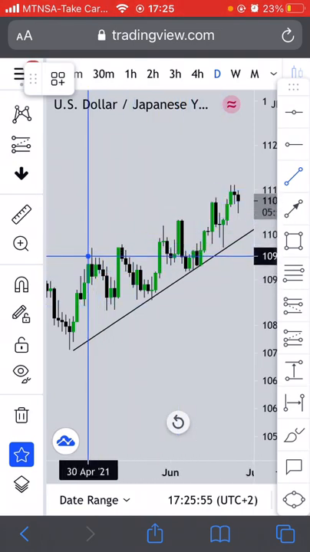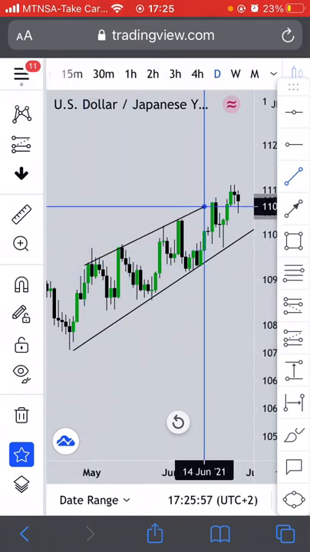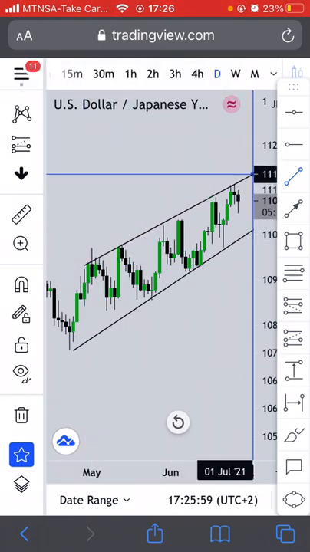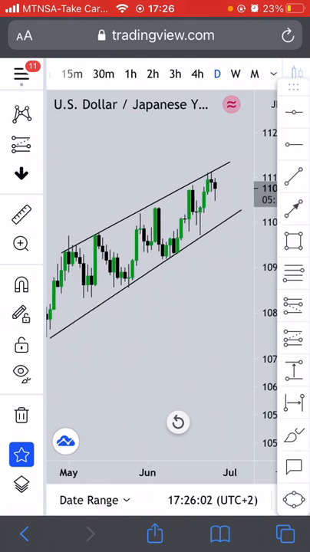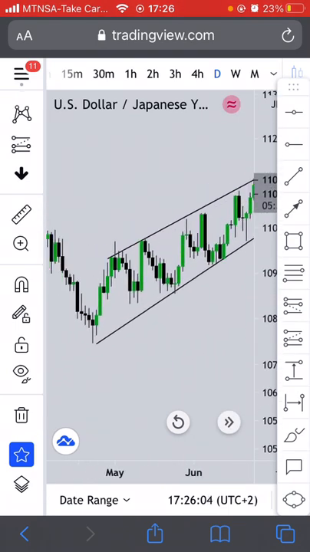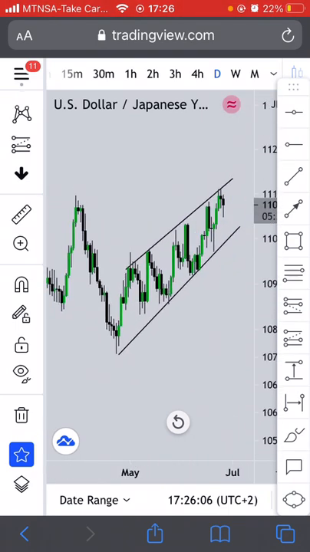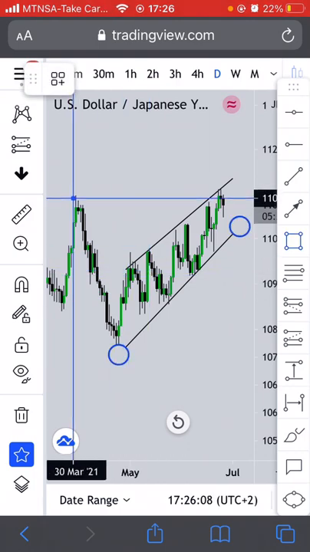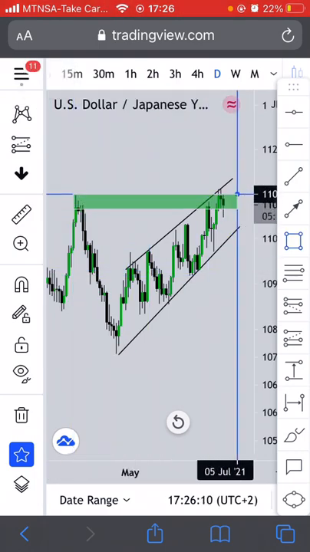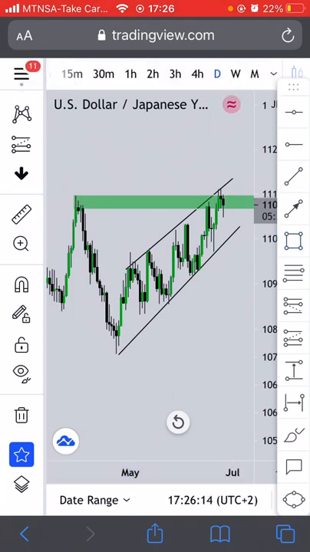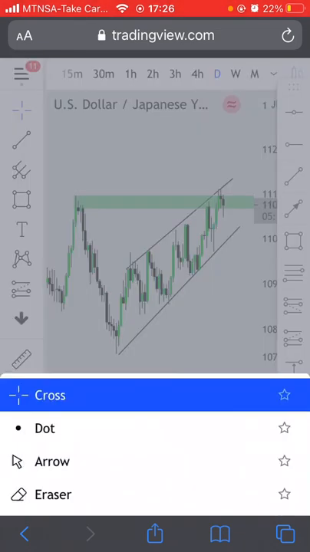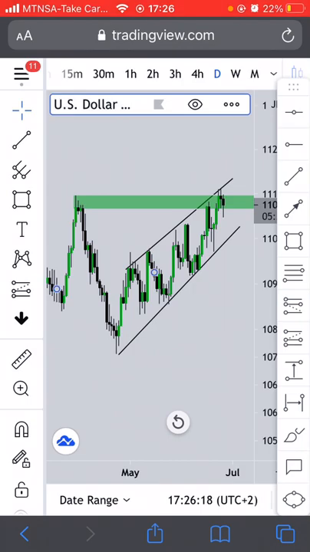On top here, I could see that we also have a resistance trend line. This trend line on top is acting like a resistance, and at the same time we have what we call a resistance zone here, meaning the market can possibly react here, because the market did definitely fall down from here. This area is quite interesting. Let me show you what I'm talking about.